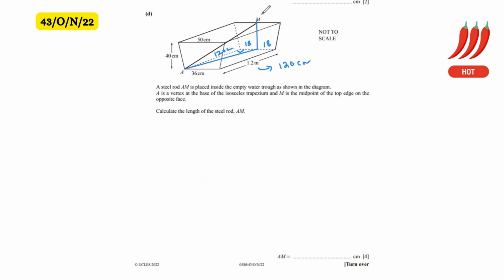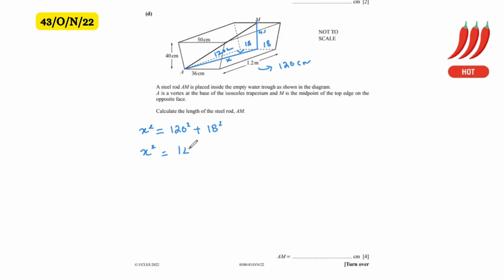They want the length of the rod. So first we need to find the base of this triangle. We know the height, which is 40. 14,724.